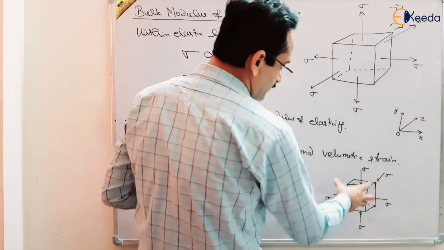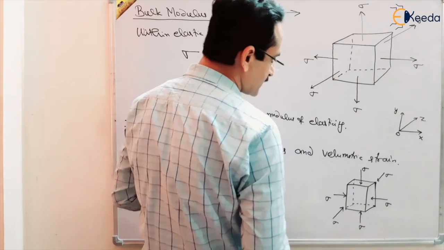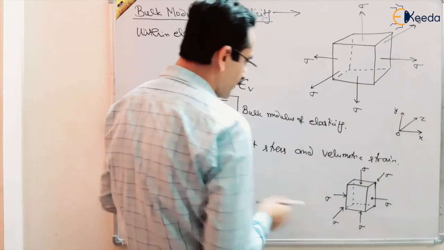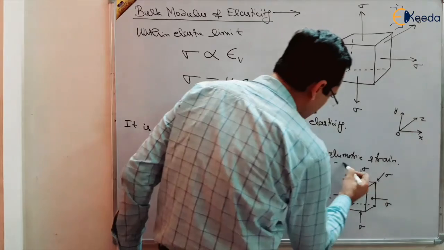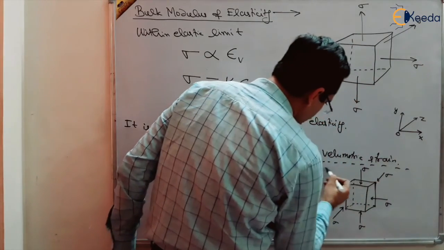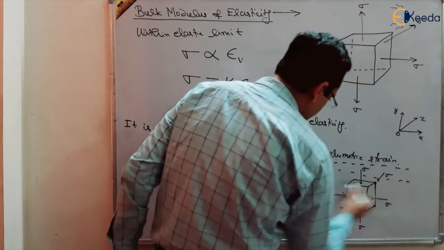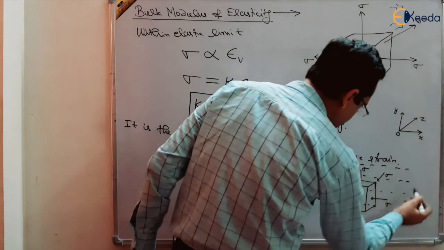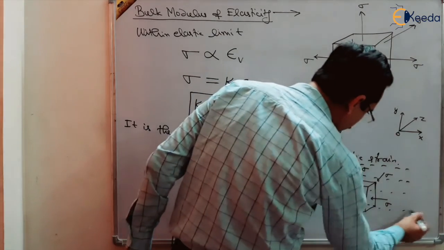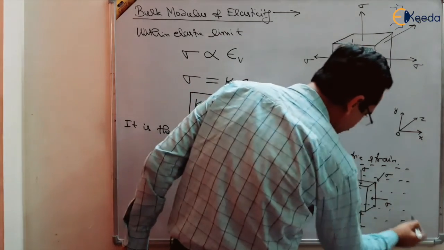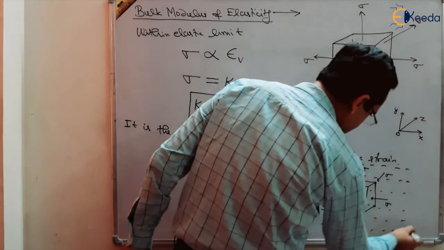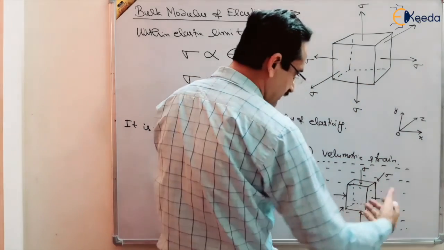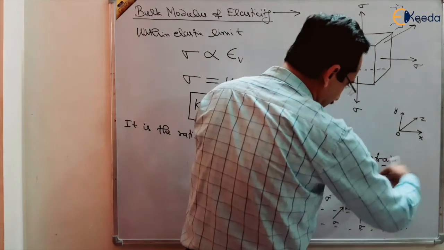The application of this is a body submerged in a liquid. If a body is submerged in a liquid, due to Pascal's law, the stress in all directions will be equal. So if this body is submerged in a liquid, the stress will be the same in all three directions, and it will be compressive.